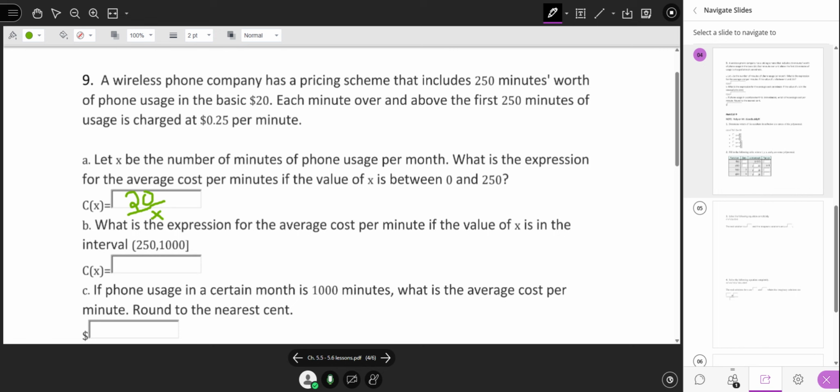Well, beyond the basic, up to 1,000 minutes. Ugh. This thing is nasty. Okay. What is the expression for the average? Well, your basic plus 25 cents per minute after.